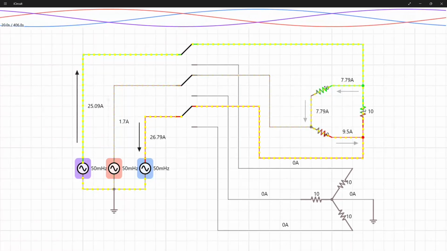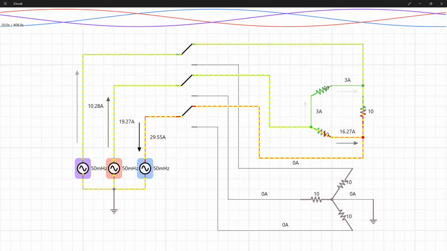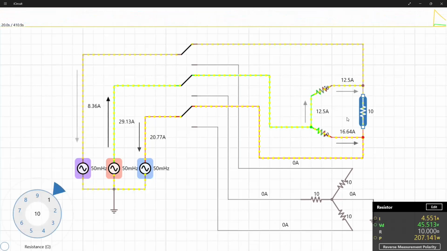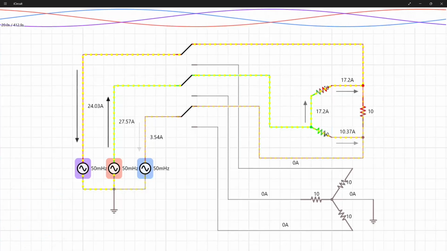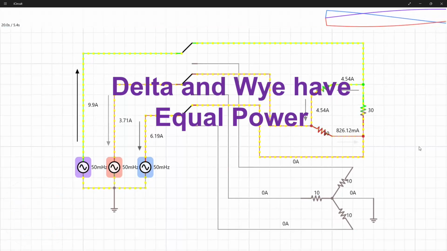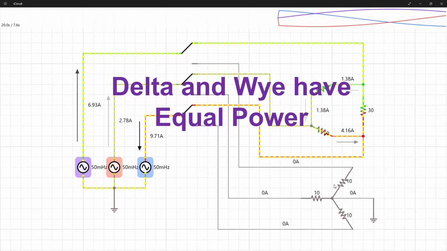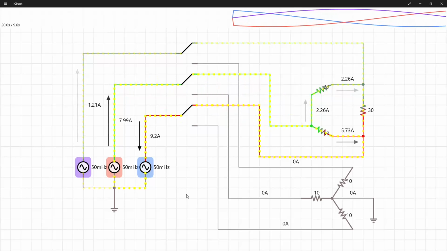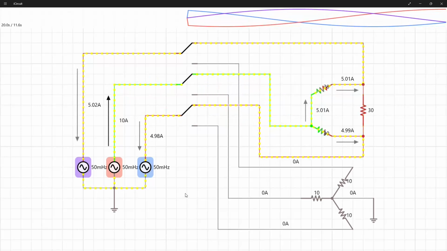This example is all 3 coils have the same resistance as these 3 coils. So here on this example, we have a delta and a Y load where each one is consuming the same amount of power.